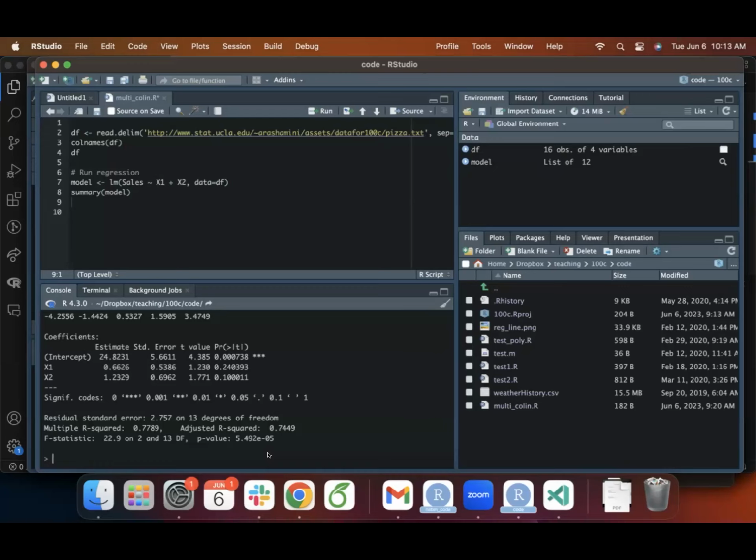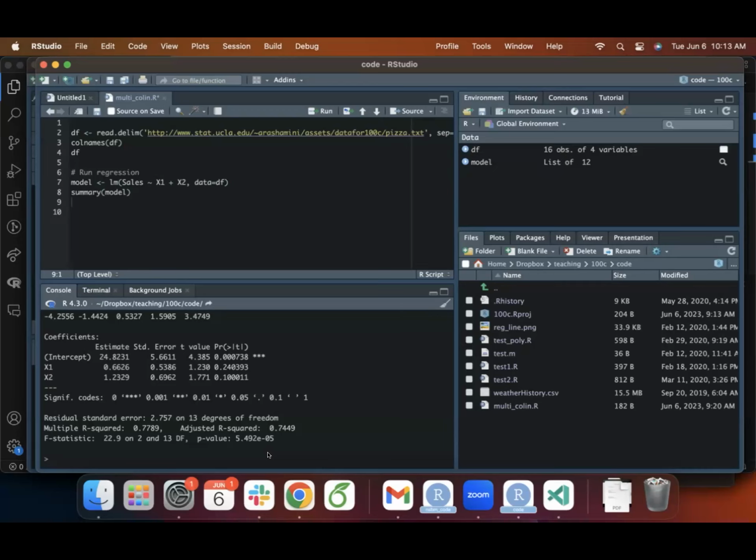This goes back to the idea that these are testing different hypotheses, right? So if you think a little bit about that. It is pretty tricky, okay?